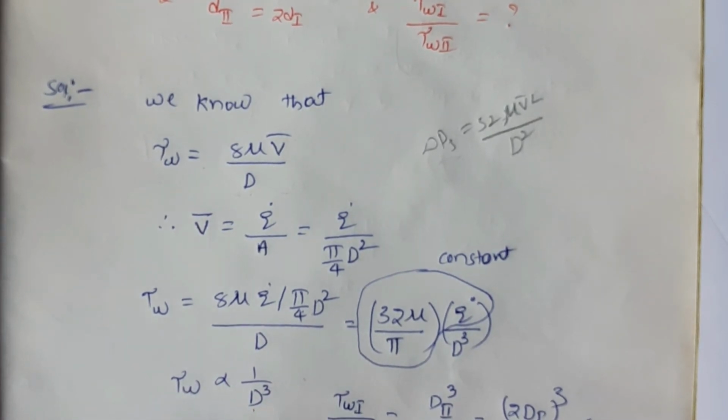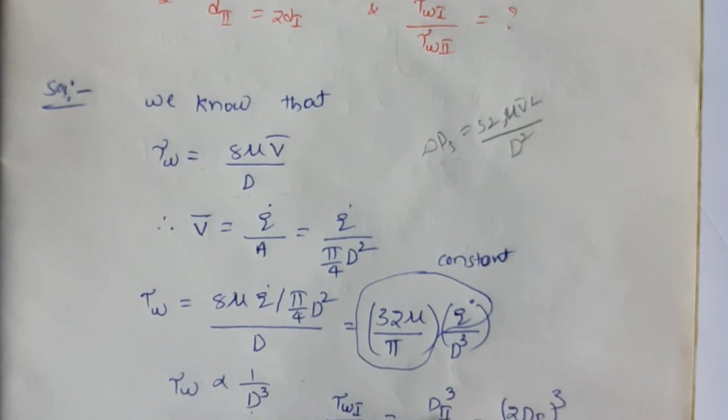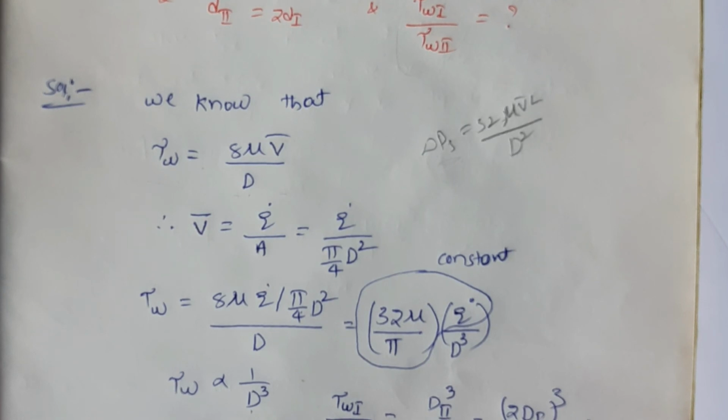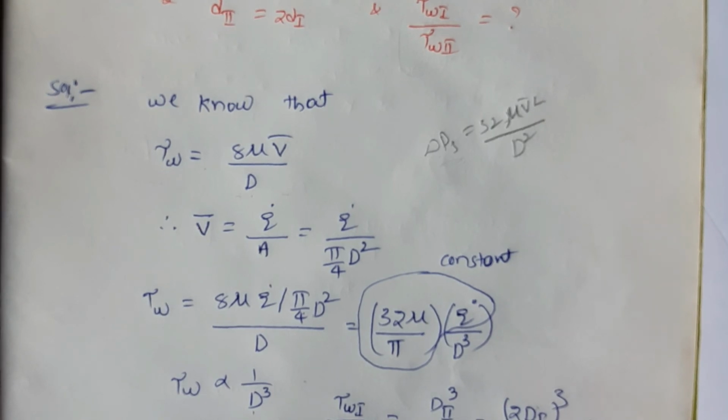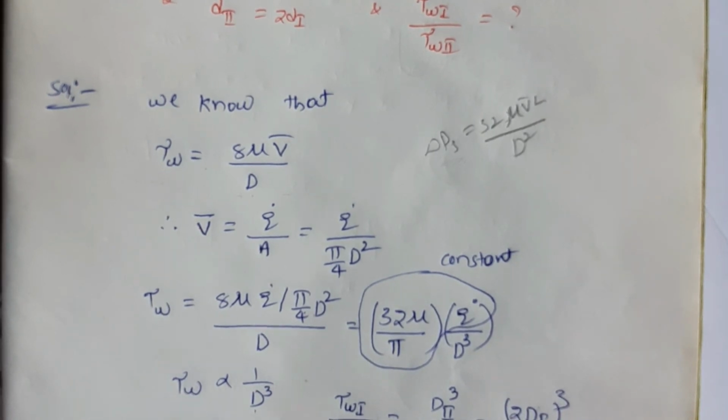So tau w1 by tau w2 equal to d2 cube divided by d1 cube. d2 is 2 times d1, right? So by substituting this, d1 cube gets cancelled, and we will get 8. So tau w1 divided by tau w2 equal to 8. That is option D is the correct answer.